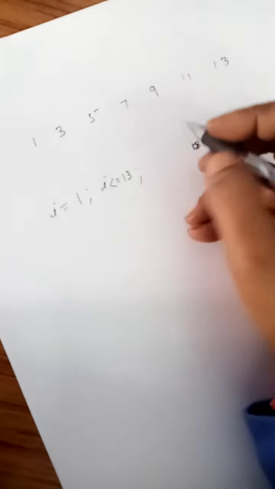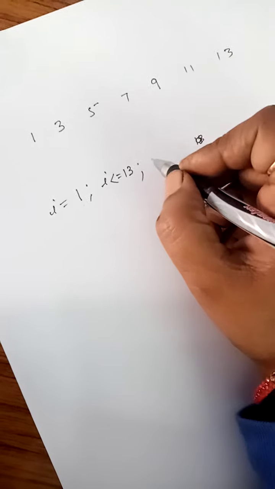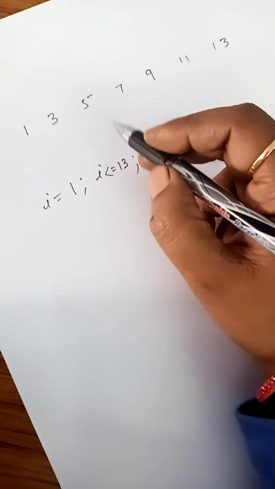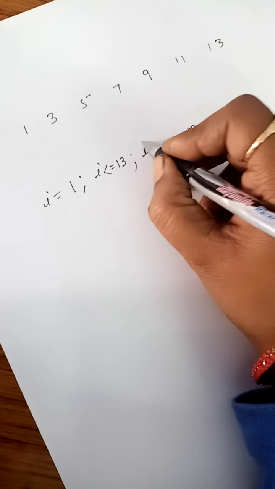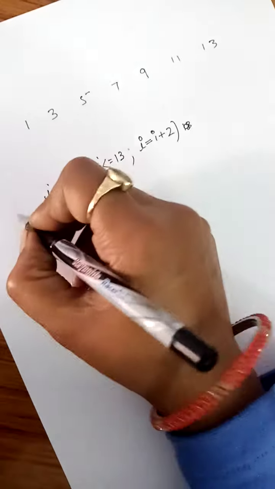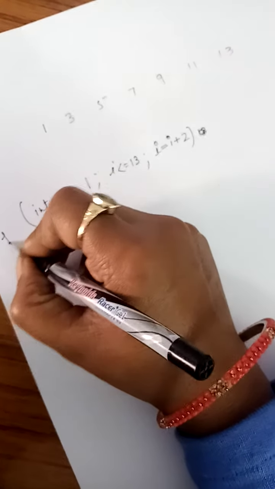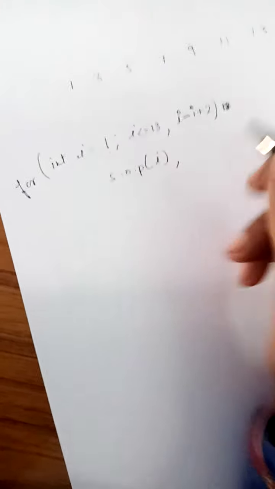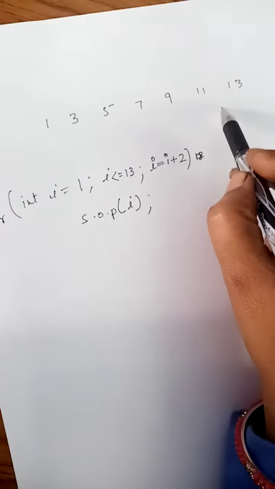There is a gap of 2: 1 plus 2 is 3, 3 plus 2 is 5, 5 plus 2 is 7. So the update expression will be I equals I plus 2. So this will be the program for that, print I, if you have to print this series.